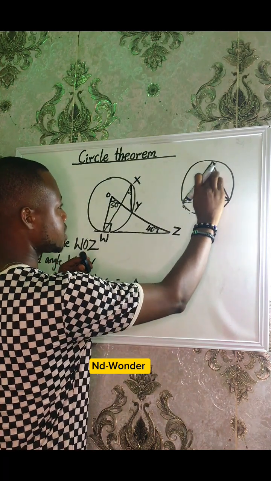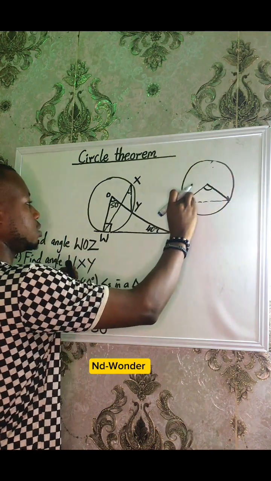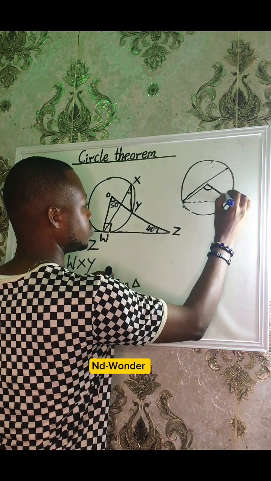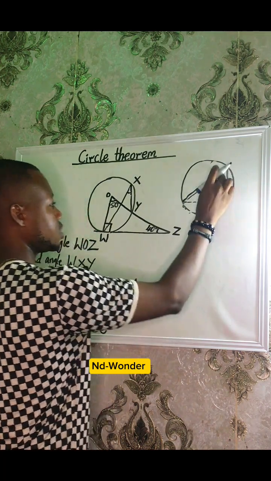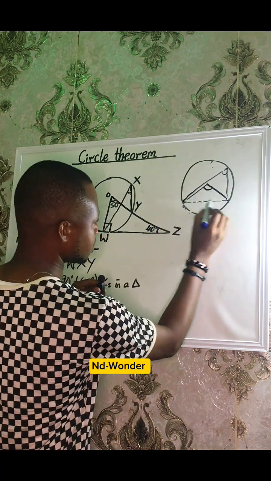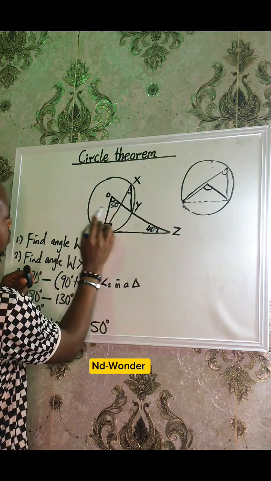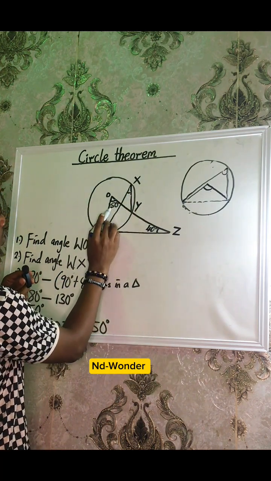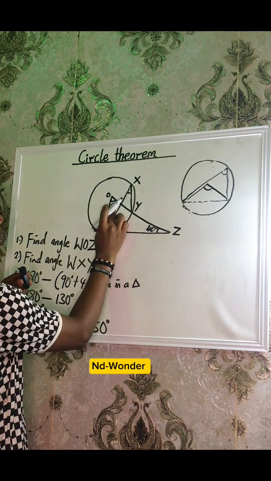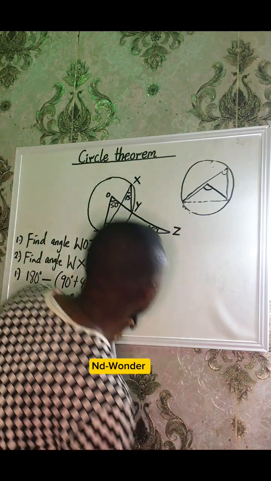Even if it's like this, let's take for instance, we have something of this nature. Even if this chooses to push to this extent, it holds. It still holds because they are still subtended by the same chord and arc. So the same concept here. So here is the center. It must be twice the angle at the circumference. So half of 50 must be 25.